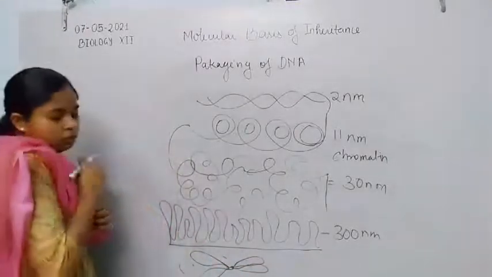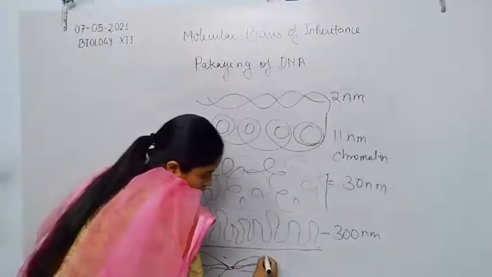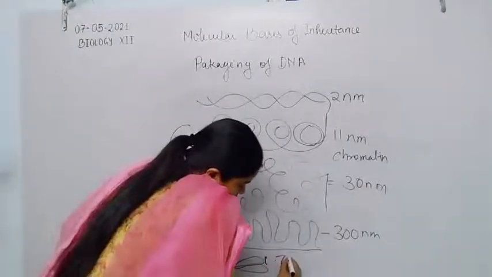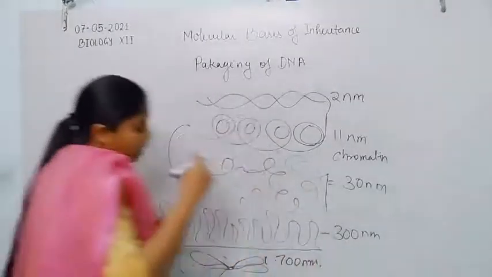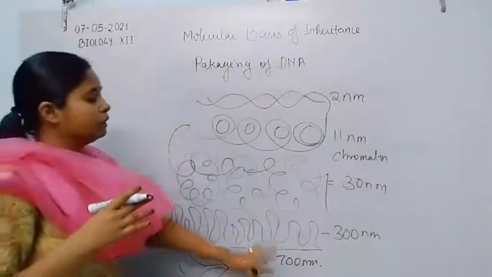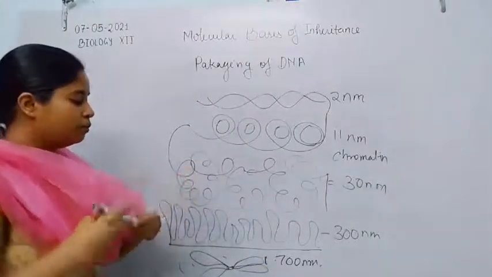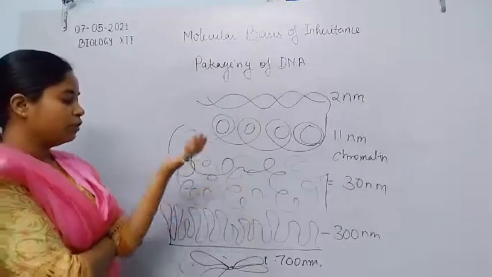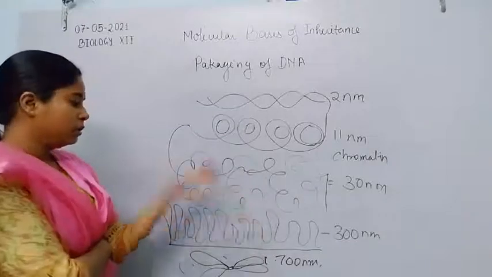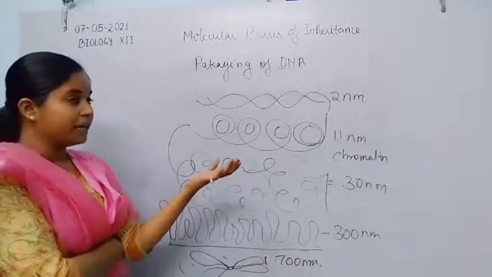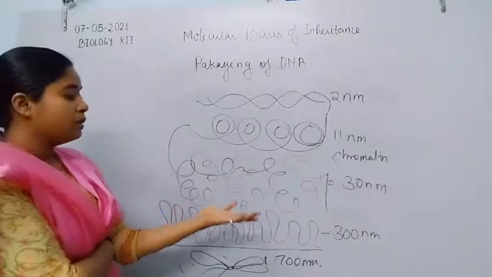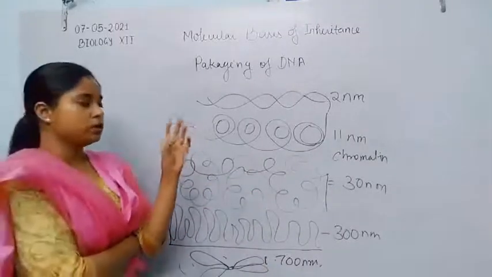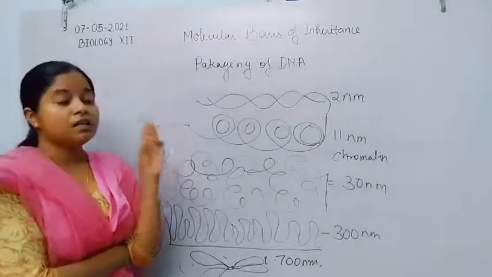Here is the chromosome, and the width of only one chromatid is actually 700 nanometers. So this is how the DNA molecule becomes more condensed during metaphase, or during cell division, for the proper division of the genetic material.